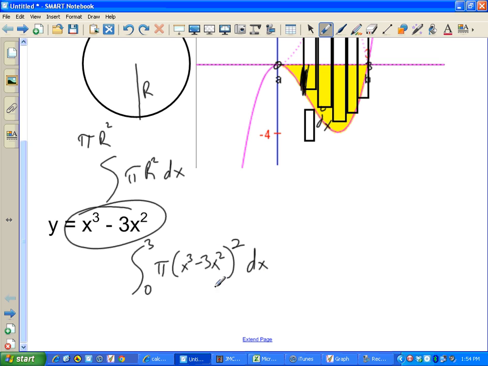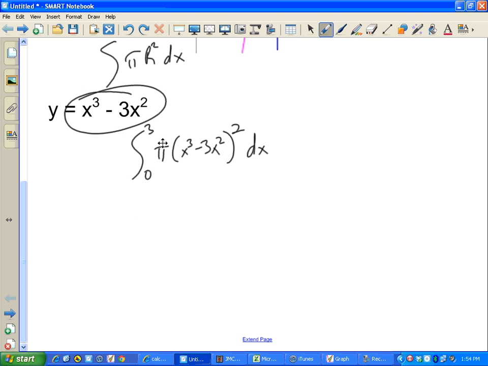This one I would just square out. So I can pull this pi out front. From 0 to 3, I have x to the 6th minus 6x to the 5 plus 9x to the 4 dx, and then integrate each one of these.